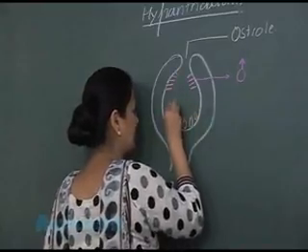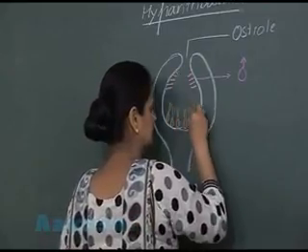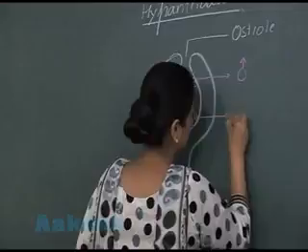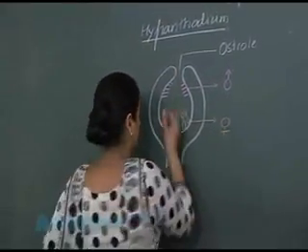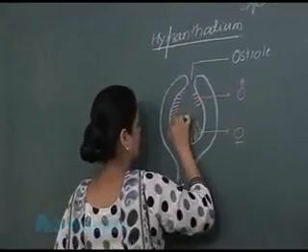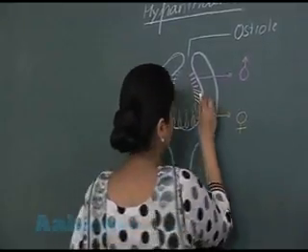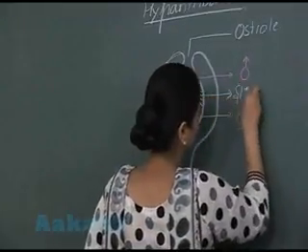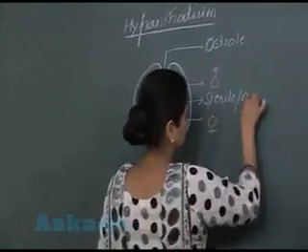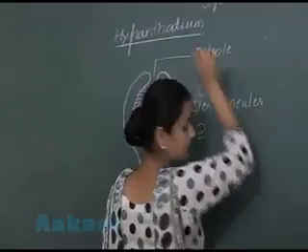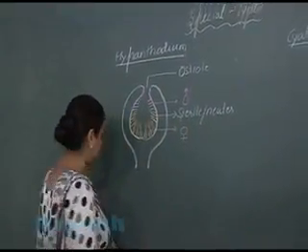On the lower side there are female flowers. And between the male and female flowers, in the middle, there are sterile flowers. The sterile flowers are also known as neuter flowers. So three types of flowers are associated with the Hypanthodium inflorescence.